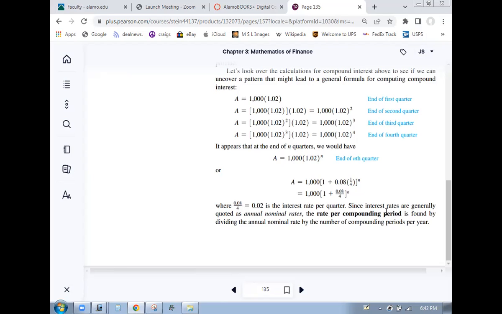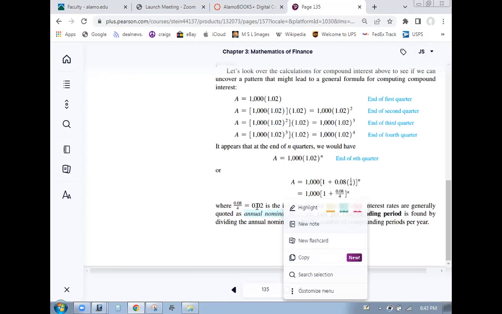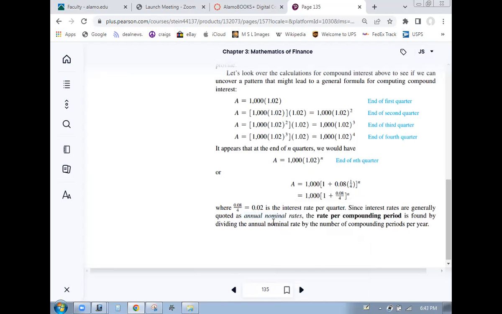But no, they're talking about annual nominal rate, and then they're defining the rate per compounding period as the annual nominal rate divided by the number of compounding periods per year. So this does mean this is just your annual rate. All that is R. The rate per compounding period is your annual rate divided by the number of periods. So their placement of their comma is very unfortunate.